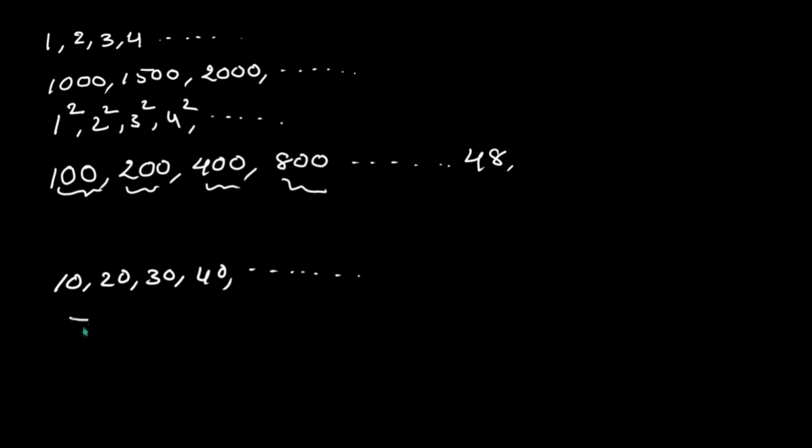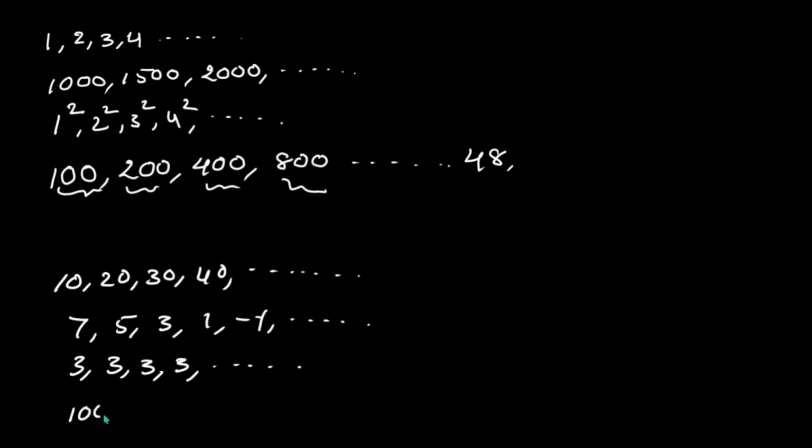Another series: 7, 5, 3, 1, -1, etc. Another series: 3, 3, 3, 3, etc. Another series: 100, 150, 200, 250, etc. Here I have written some of the patterns, or series.